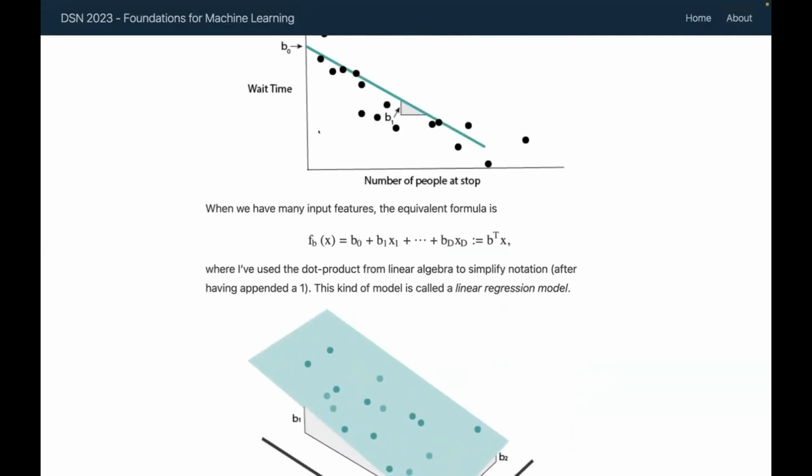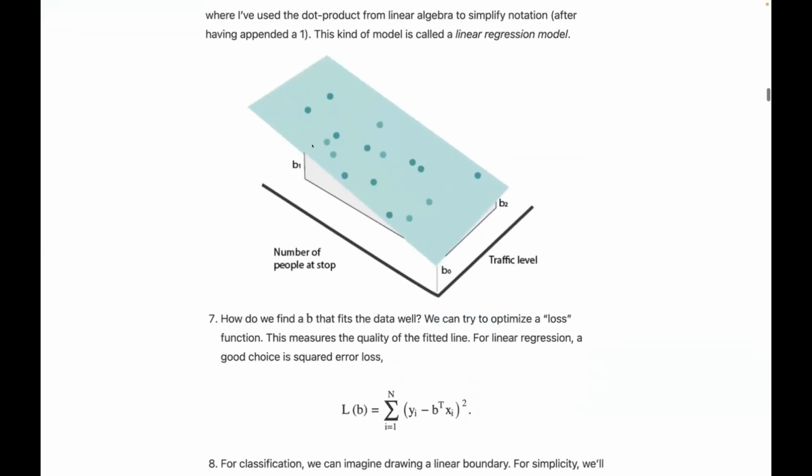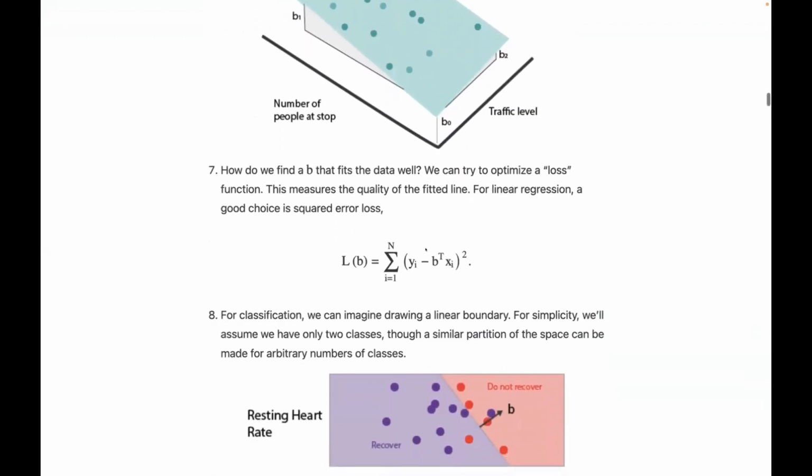Each different b is a different slope, a different intercept. So you're optimizing over all the different potential curves, and you're trying to get it so that they go through the data, which means that the distance between the prediction, b transpose x, the curve, and the truth, you want that to be small.